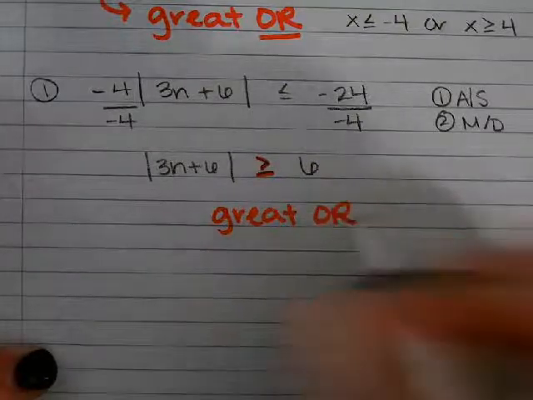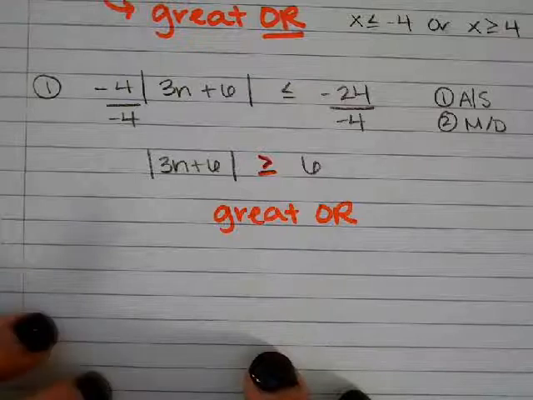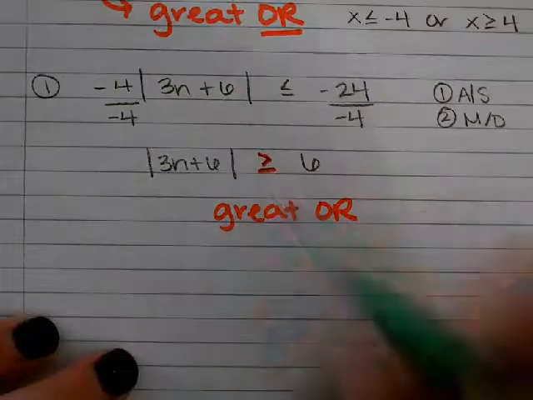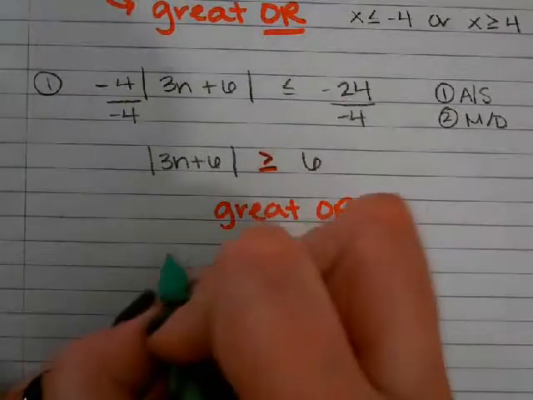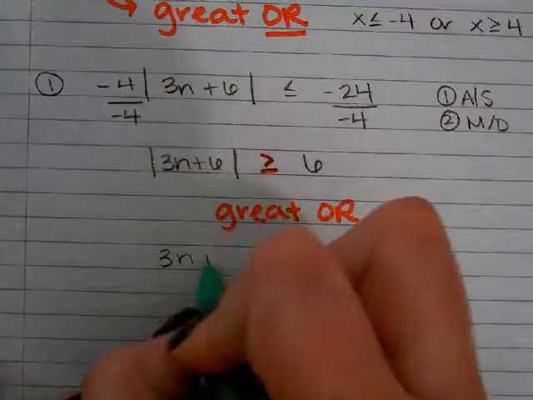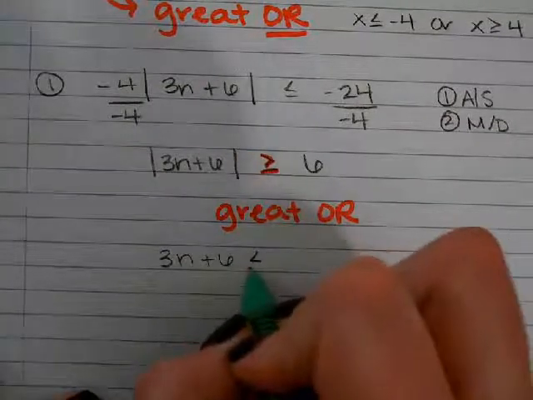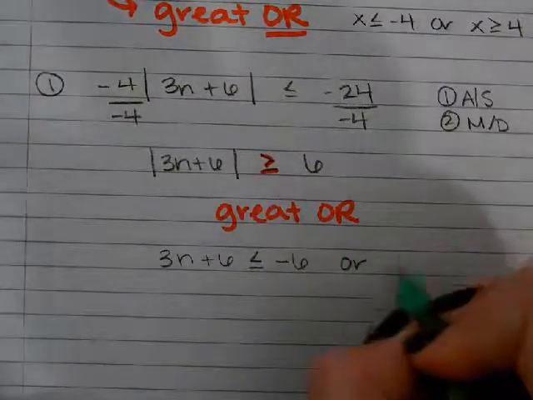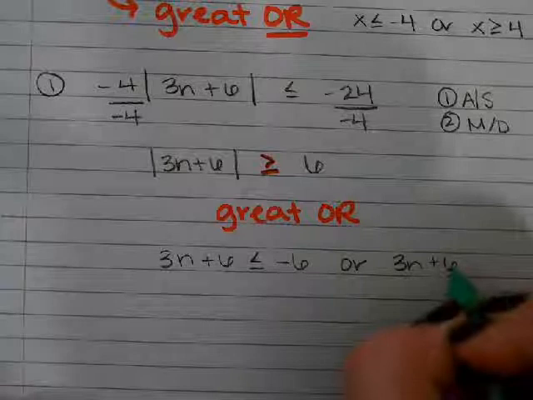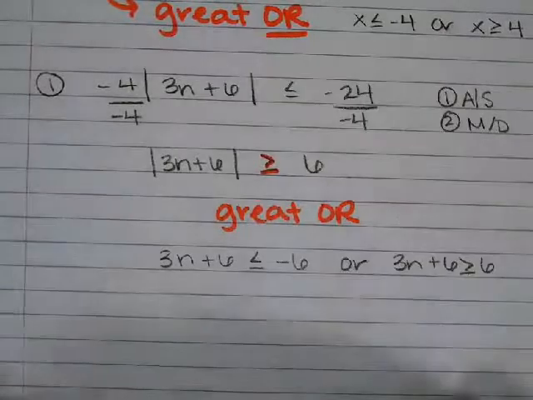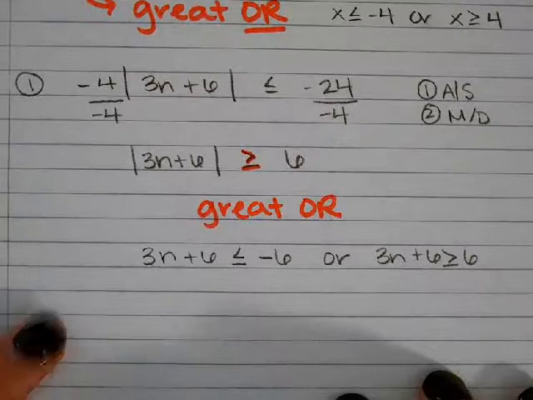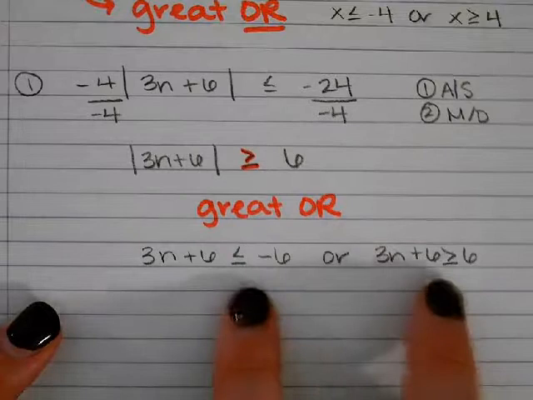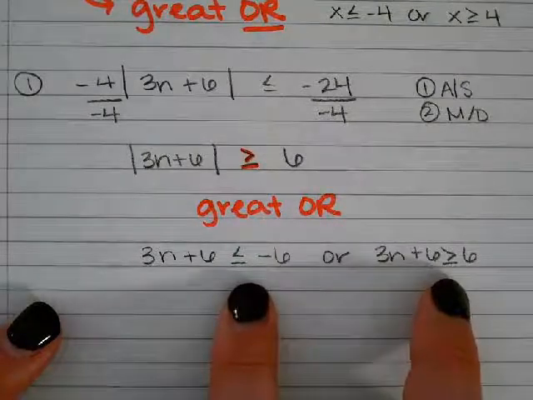I'm going to say 3n plus 6 is less than or equal to the negative version, or 3n plus 6 is greater than or equal to the positive version. All right, so it said greater, and so I'm giving it the option where it goes the two opposite directions, left, right, negative version, positive version, splitting it myself. Does that make sense?